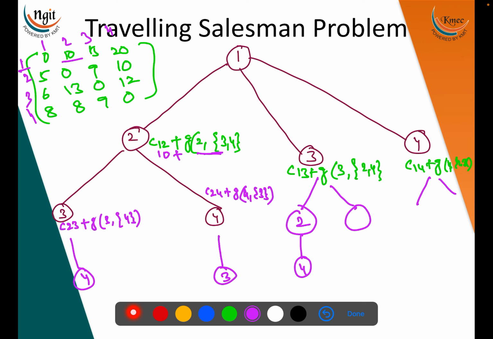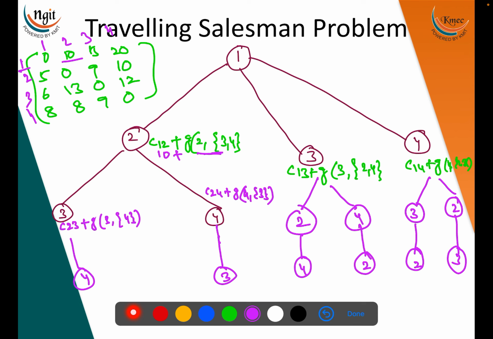And the next is 1, 3, 2, 4, then 1, 3, 4, 2, and 1, 4, 3, 2, and 1, 4, 2, 3. This is the recursive tree.